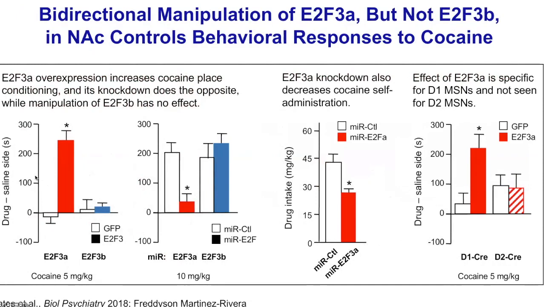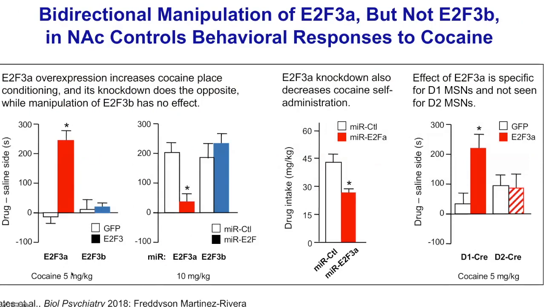Citing an earlier study published by Hannah Cates a couple of years ago, using viral vectors that overexpress or knock down these various types of E2F alternative splice variants within all nucleus accumbens neurons, and looking at their behavioral consequences in a conditioned place paradigm on this left panel.